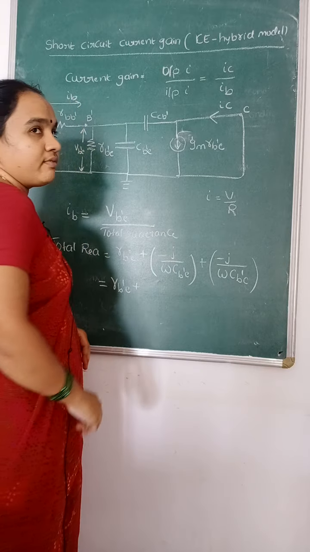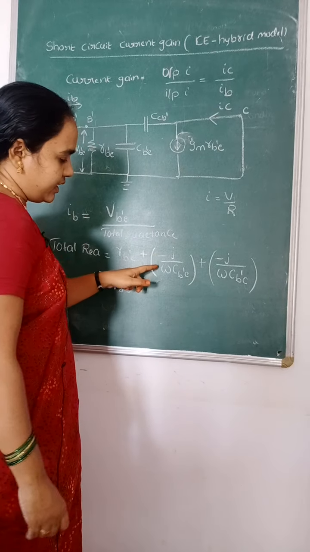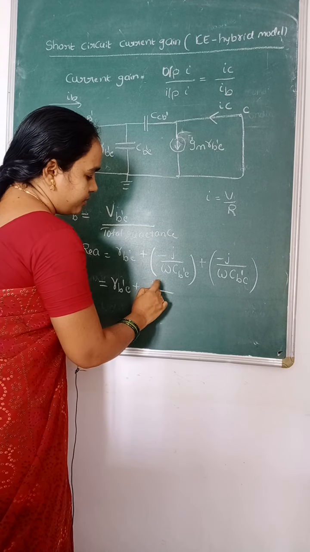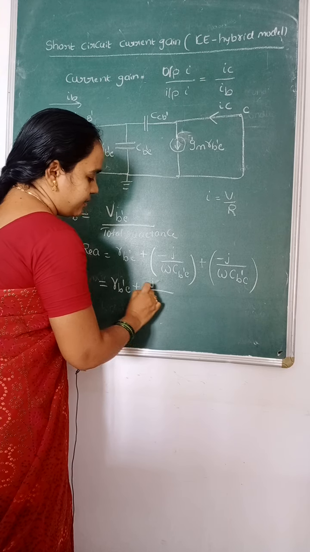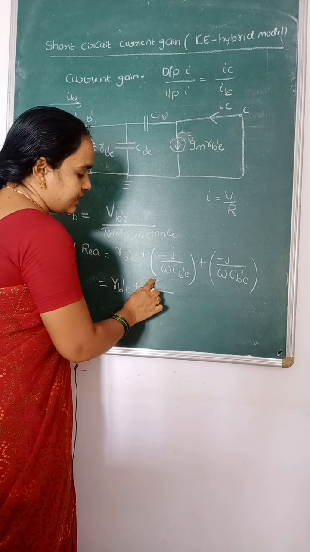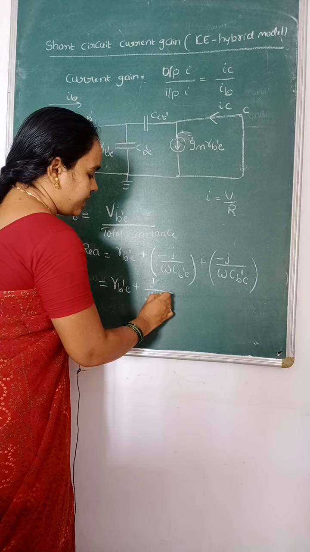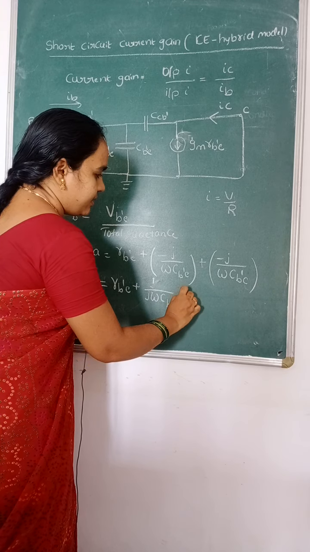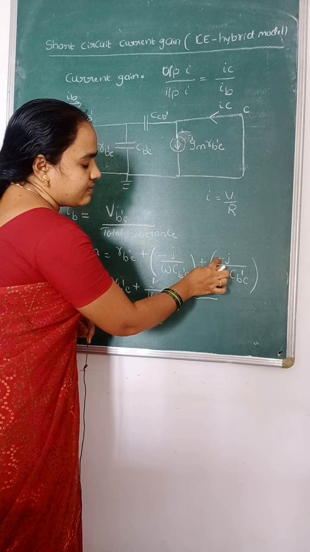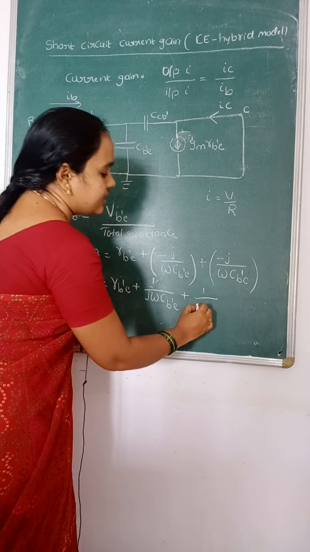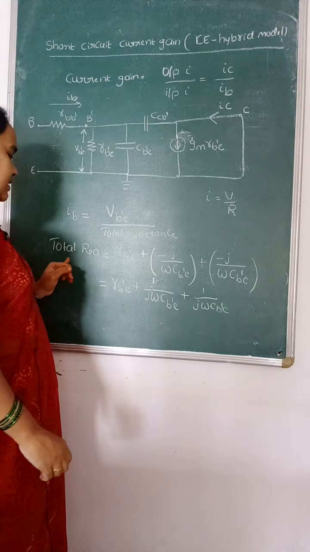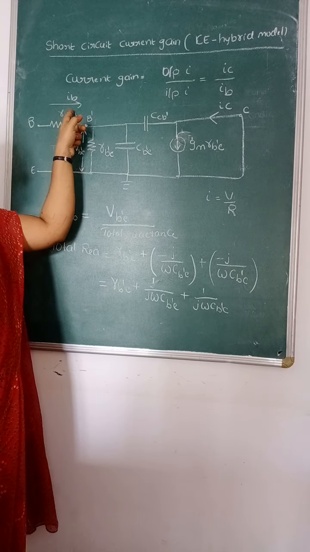Here j is the unit vector along the y direction. If we take the minus to the denominator, minus 1 is written as j square, so one j gets cancelled and we get 1 by j omega C B dash E. Similarly, we get 1 by j omega C B dash C. This is the total reactance offered to the base current.